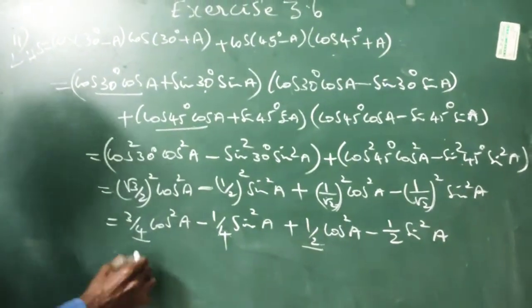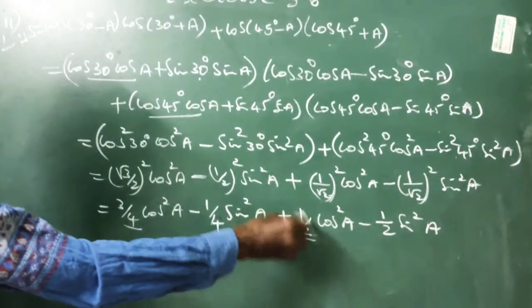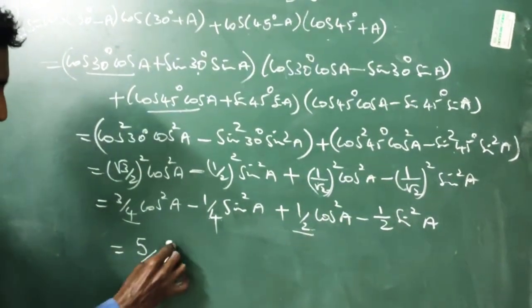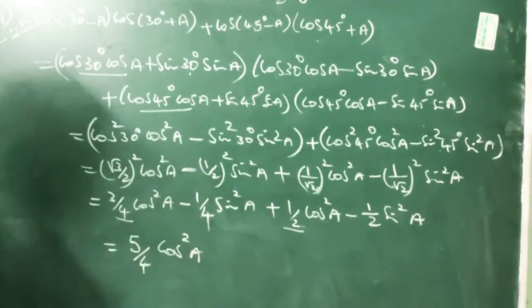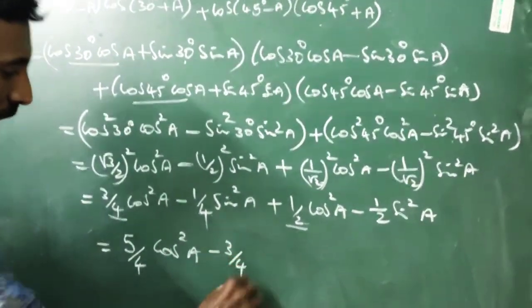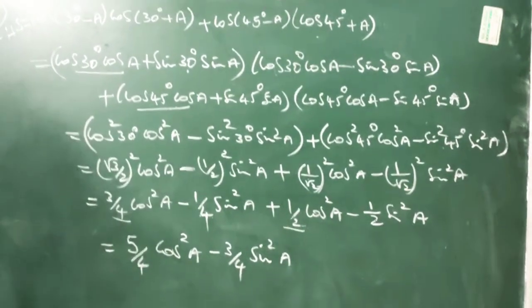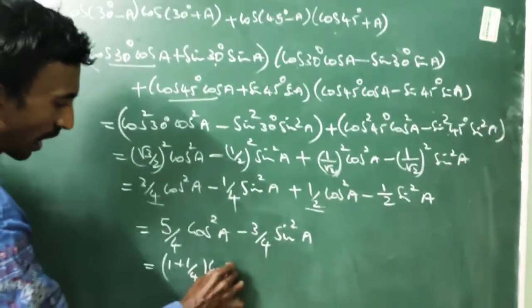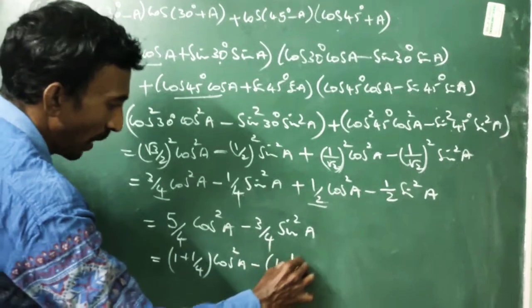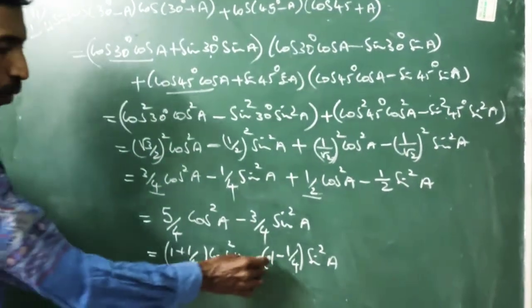If we take the LCM, 3 by 4 plus 1 by 2 is 5 by 4 cos square A. Similarly, 1 by 4 plus 1 by 2 is 3 by 4, so minus 3 by 4 sin square A. Combine these two: 5 by 4 cos square A minus 3 by 4 sin square A. Now 5 by 4 can be written as 1 plus 1 by 4, and 3 by 4 can be written as 1 minus 1 by 4.